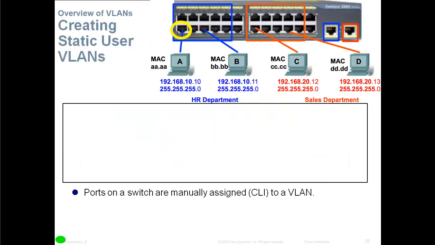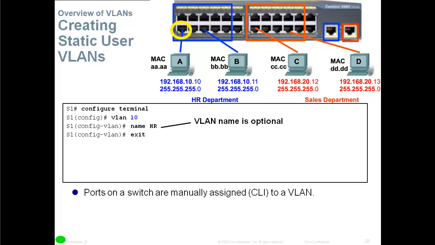Creating a static user VLAN. This is the same slide as you saw in the first video, if you've been watching in order, 3.1. By default, we configure the VLAN statically. So in global configuration, vlan 10, whatever number you want to type. VLAN 10 in this case. Give it a name, which is optional.